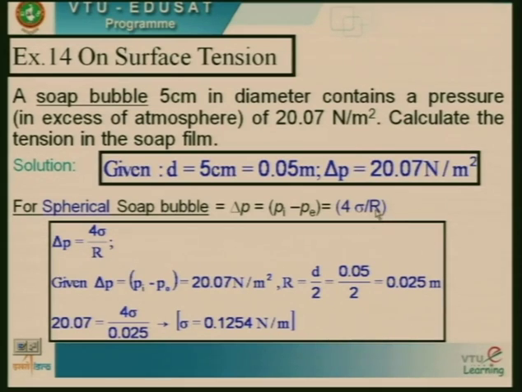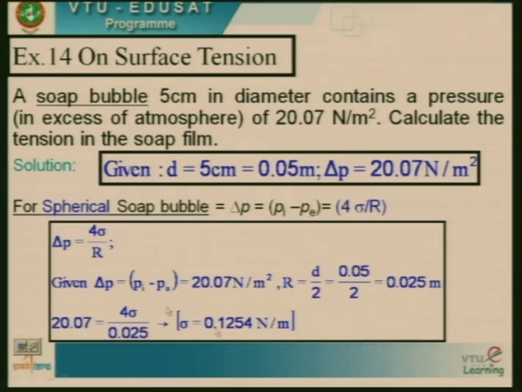So, do not be in a hurry in your examination or test. When diameter is given, convert that diameter to radius by dividing by 2. So, 0.05 divided by 2 will give you 0.025 meter. Is it okay? Be careful, sometimes they may give diameter, sometimes radius, that you substitute directly.